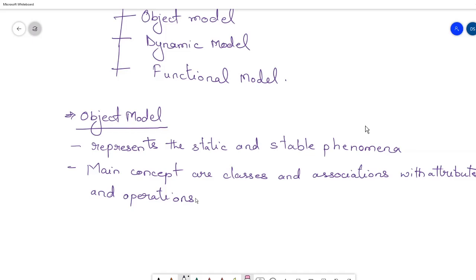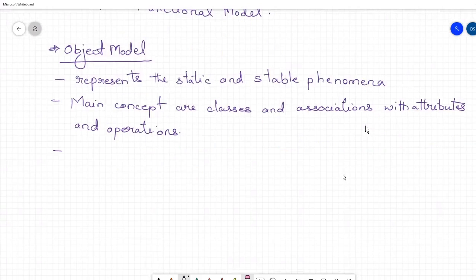The concept of the classes and associations with the attributes, and it tells about the aggregation and generalization with multiple inheritance concepts, which helps us to define the relationship between different classes. So whenever we'll be designing or making a layout of an object model, these points would help us make an object model in a correct manner.